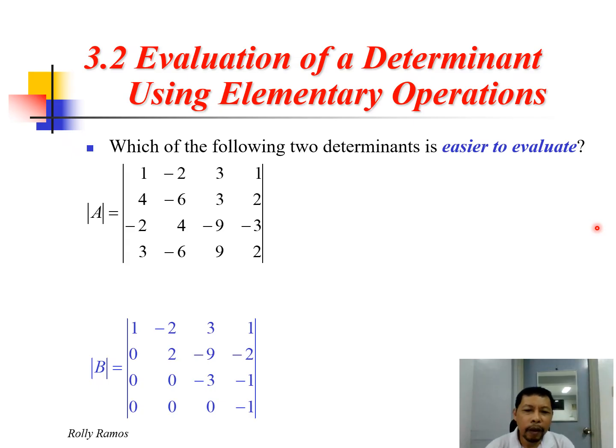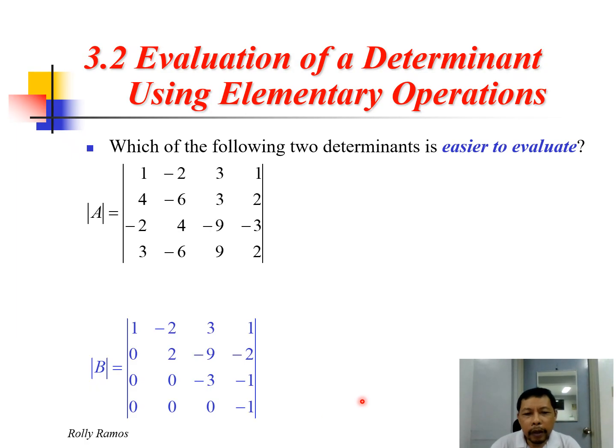Of course, matrix B. We have learned in the previous slides that the determinant of a triangular matrix could be easily obtained by multiplying the elements in the main diagonal. Okay, so B is a triangular matrix, so you could easily multiply these elements to find the determinant.